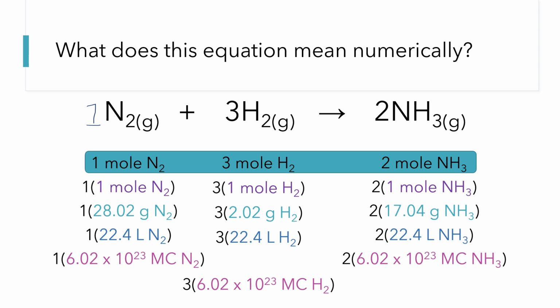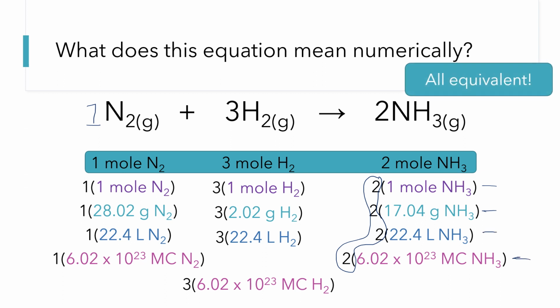So notice that in these expressions, I've got the coefficient out front multiplied by something off the radiation sign, whether it's 1 mole, the molar mass, 22.4 liters, or Avogadro's number.